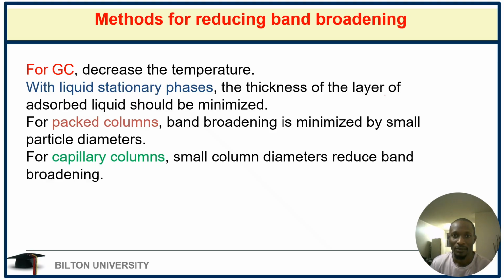But remember, with the methods for reducing band broadening, you don't want it to be too slow. Actually, the temperature should be moderate, because if you decrease the temperature too low, then you are going to reduce the movement.